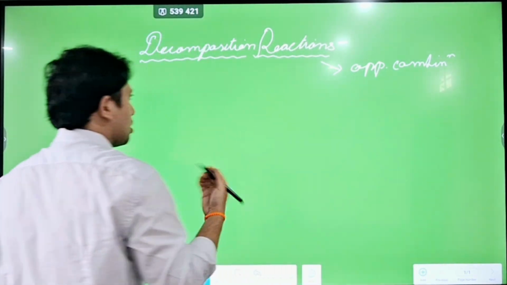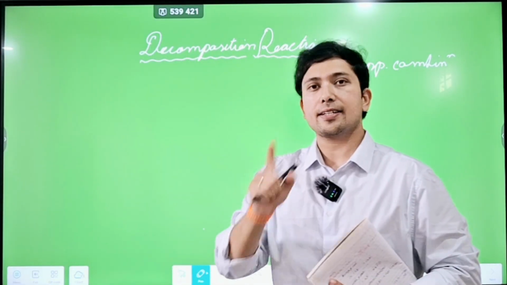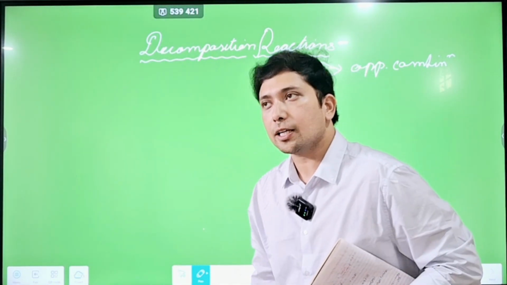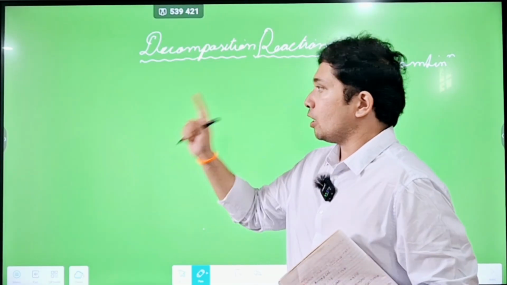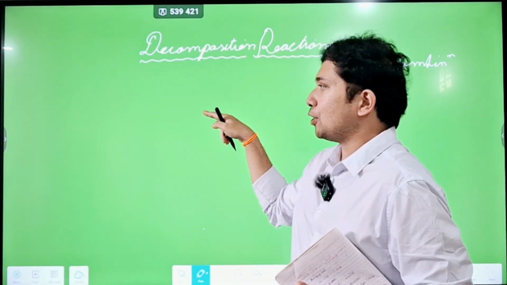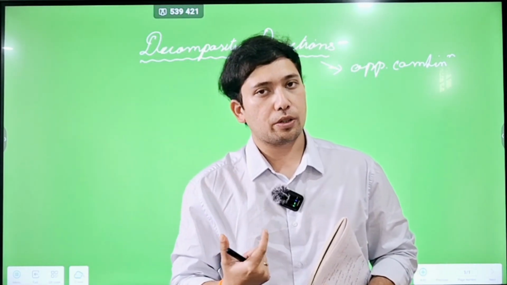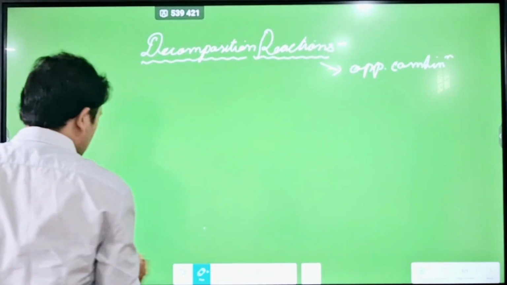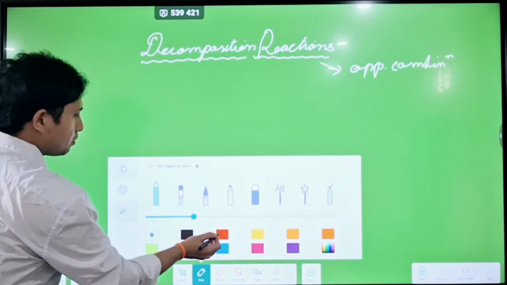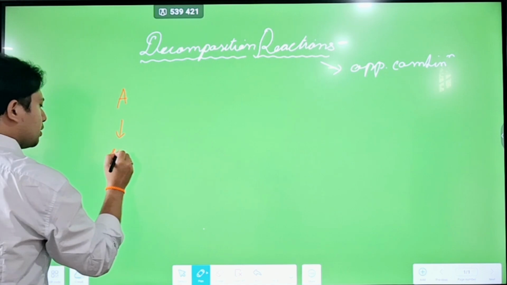So the definition: a decomposition reaction is a type of chemical reaction in which one single reactant breaks down to form a series of completely new products. For example, suppose A is a single reactant.